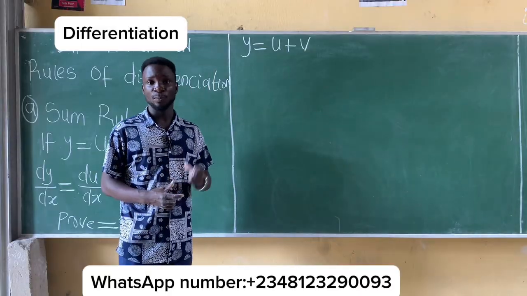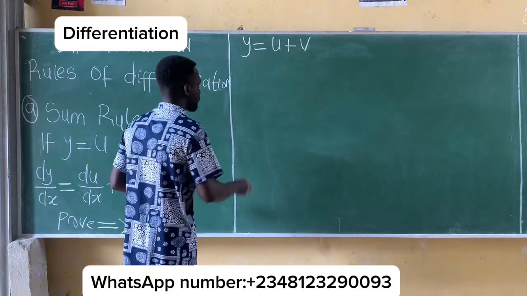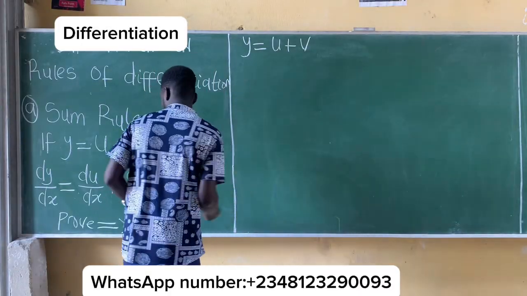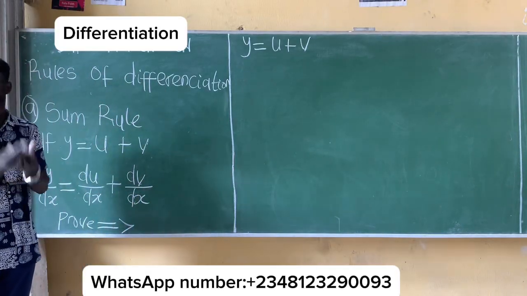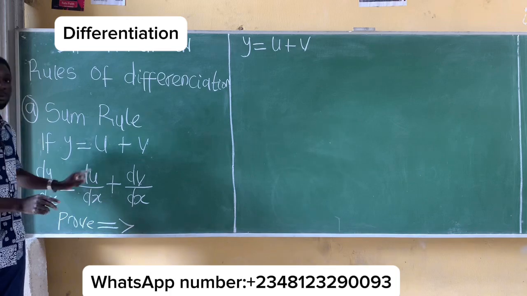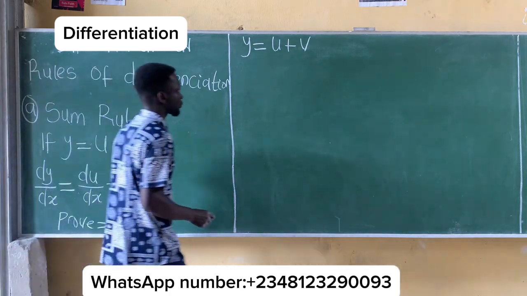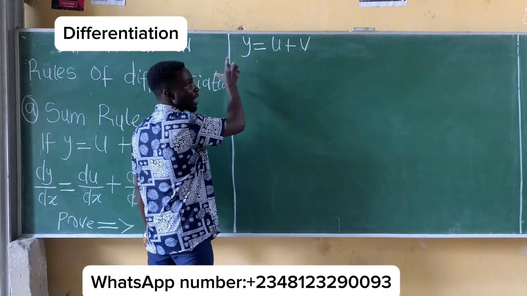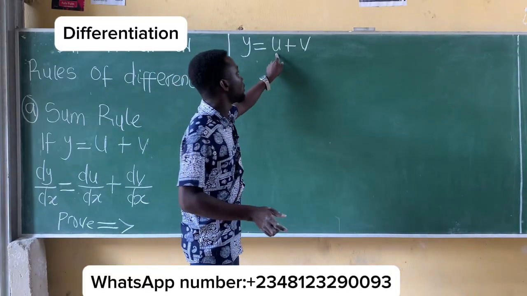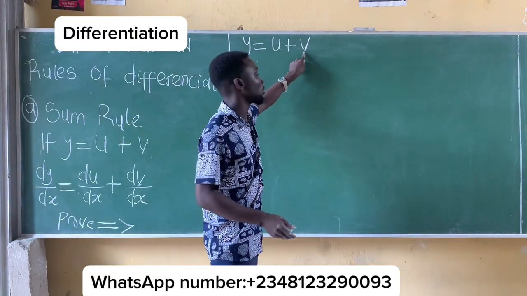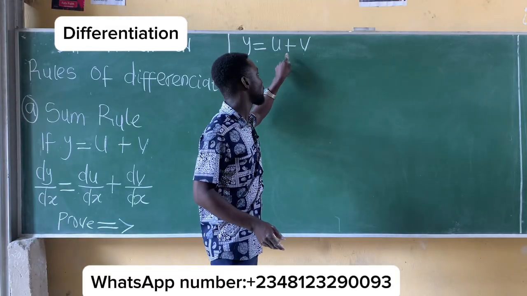Remember, for first principle, which we did earlier, I'm going to follow the same method and the same procedures to get this formula. So let's go. The first step is to add the increment of y, right? Remember, u is a function of x, v is also a function of x.